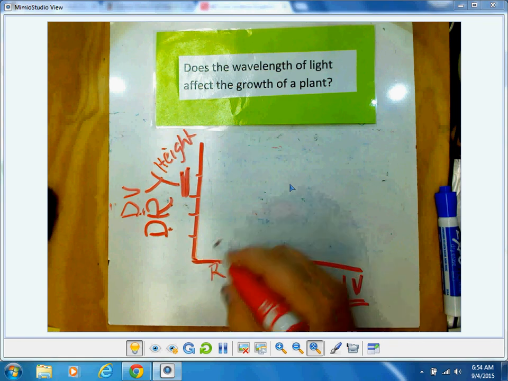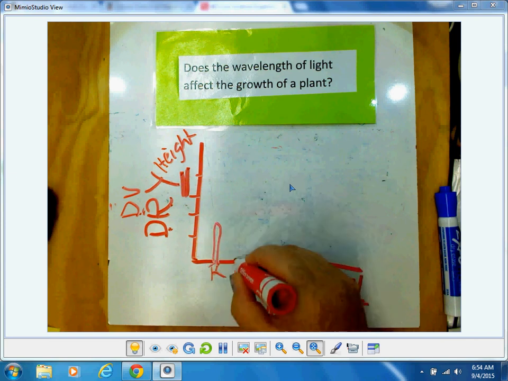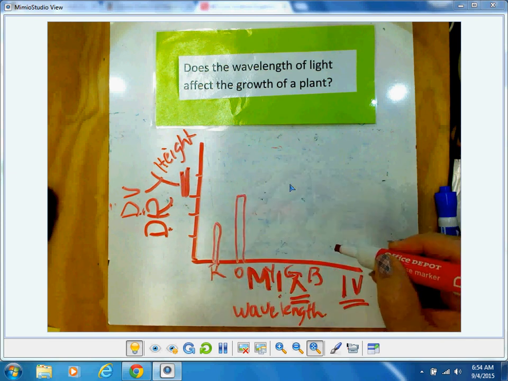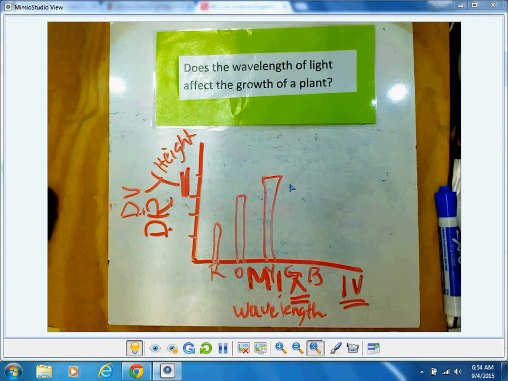You can measure how tall the plant grew when it was exposed to red light, how tall it grew when exposed to orange light, how tall it grew in yellow light. I'm just making this up because I have no idea. But those are quick ways to understand independent and dependent variable when you're given an experimental design.